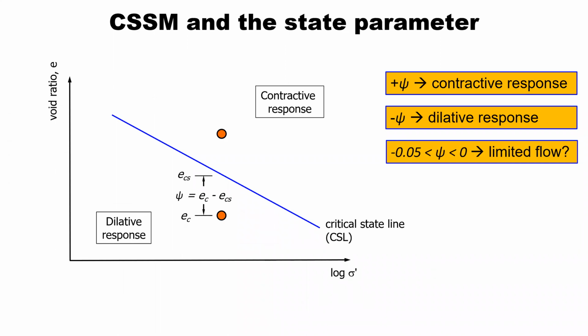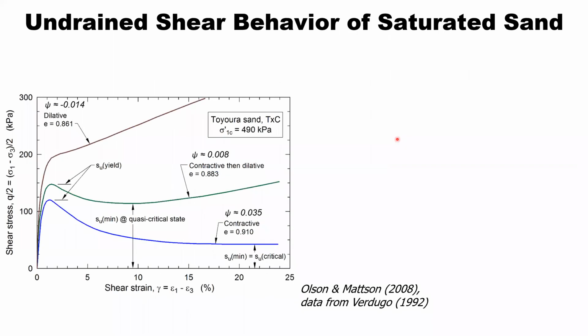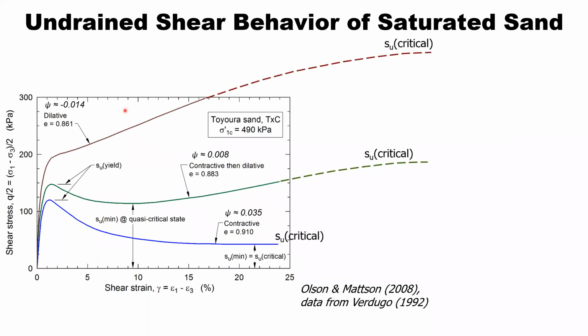Now, I've got just a couple of slides left here. I will go over these relatively quickly. We look at what this means in terms of undrained behavior. I want to highlight one thing here. We have here three tests, all performed at the same consolidation stress, but different void ratios, which corresponds to different state parameters.